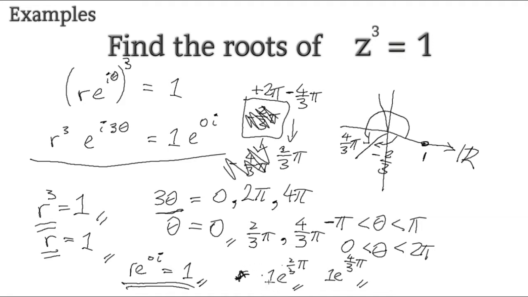You could say that Z2 is the first one and Z3 is the second one, and you can write on the side notes that Z2 star, or the complex conjugate of Z2, is Z3.